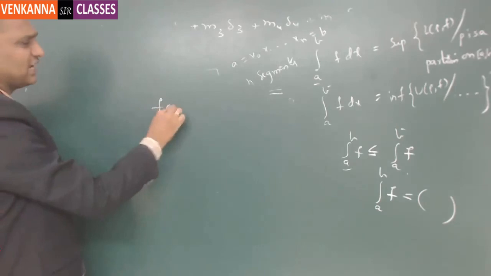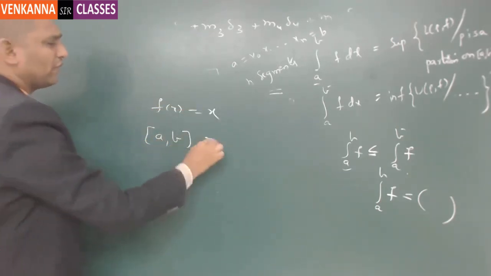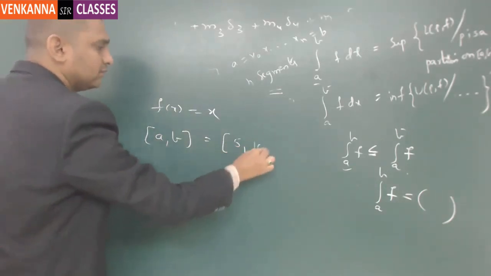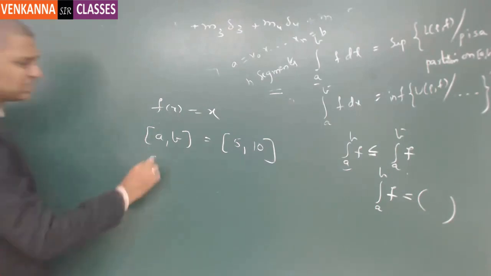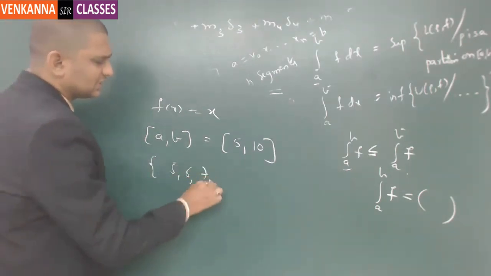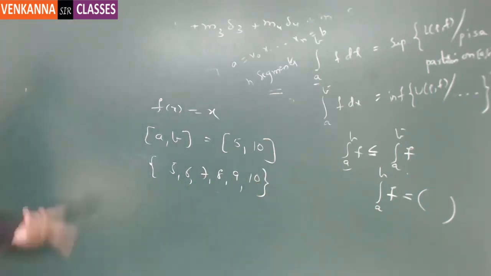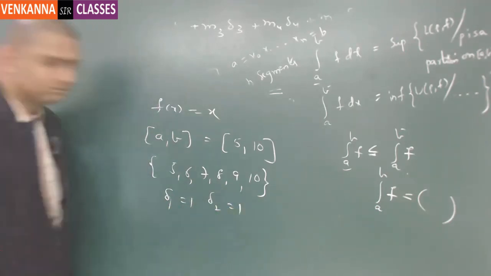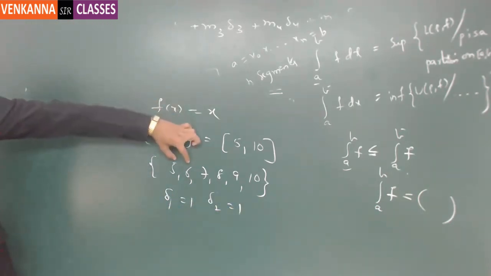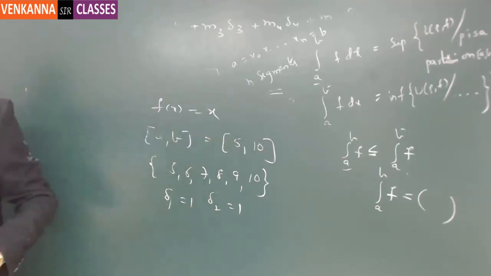Let us take the function as f of x is equal to x itself. Take the interval AB as 5, 10. The simple example. Now, if you take a partition, let us say 5, 6, 7, 8, 9, 10, what will be delta? In each case, delta is 1, because from 5 to 6 the length is 1, 6 to 7 the length is 1, 7 to 8 the length is 1.